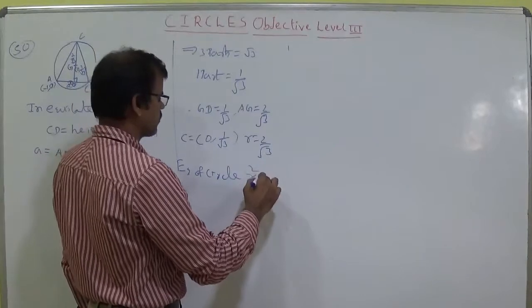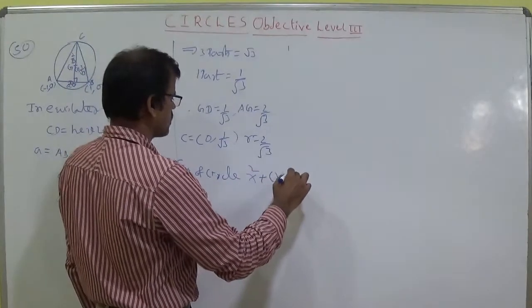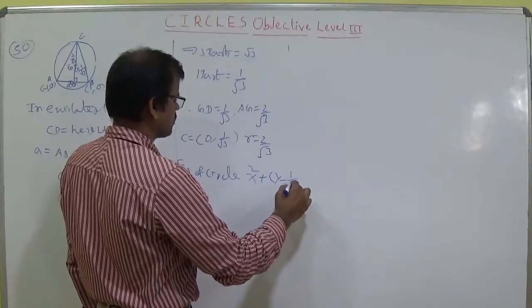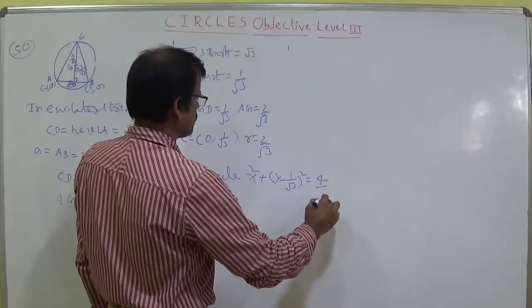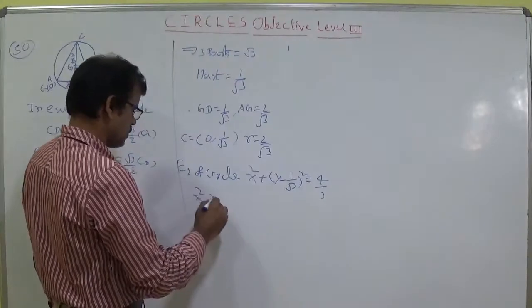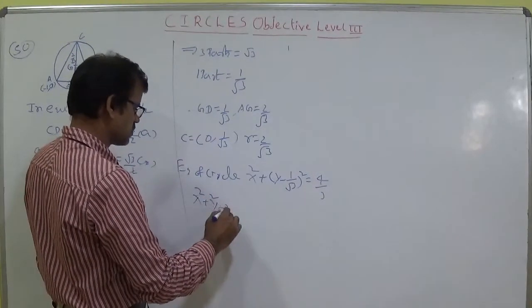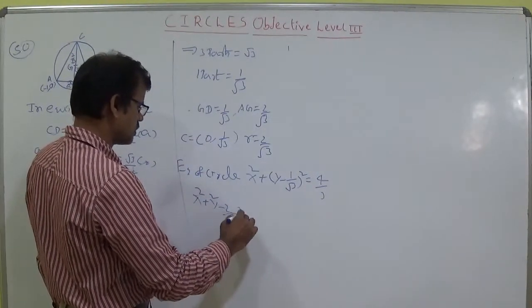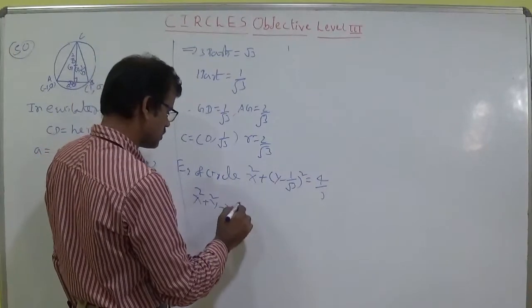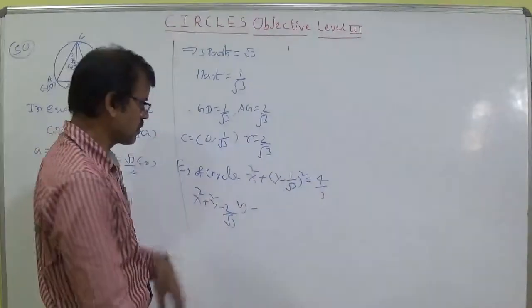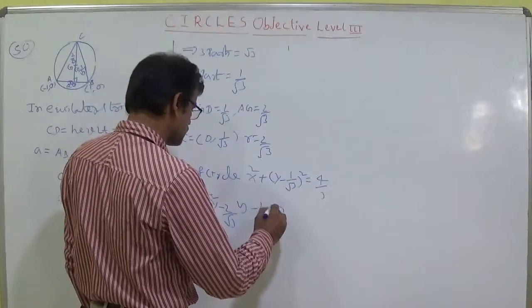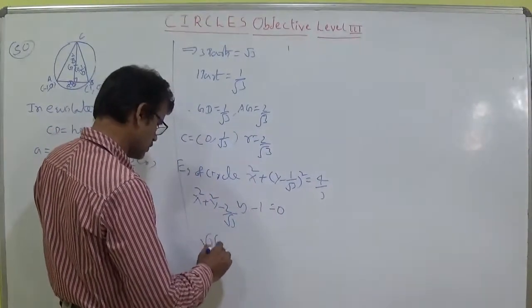Equation of circle formula: x square plus y minus 1 by root 3 whole square is equal to 4 by 3. x square plus y square minus 2y by root 3 plus 1 by 3 minus 4 by 3 equal to 0.